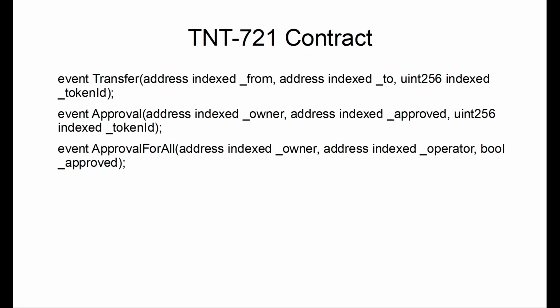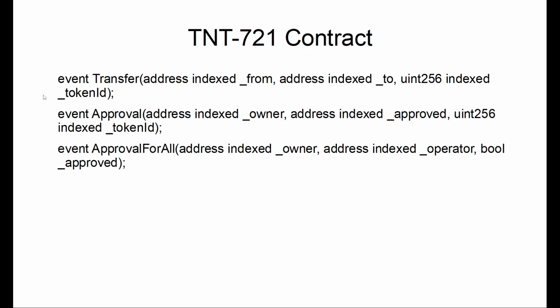As soon as that NFT receives payment, I want to create an event that it received payment to mint the NFT, and then my server on the back end is going to see, hey, this NFT was minted, and it was minted by so-and-so, and now I need to go do X, whatever my server is designed to do. In an NFT contract, it just has to have 3 events to be considered an NFT contract: a transfer, an approval, and an approval for all.